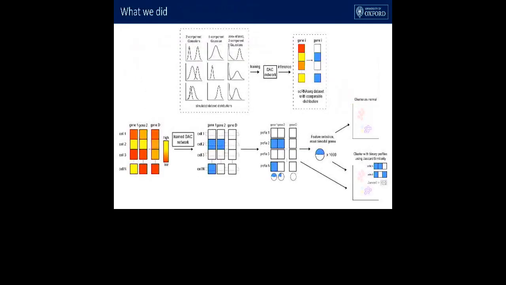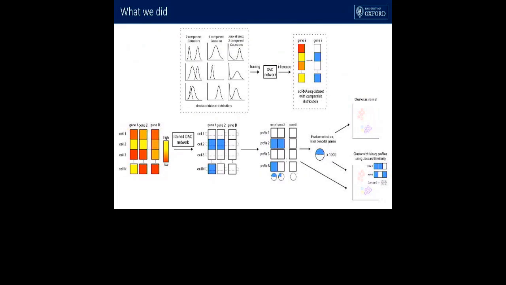So this is a diagrammatic overview of what I talked through. You have these training distributions with one or two components with varying means and variances, and also these peaks at zero that we see in the real data. And then once the network is trained, we use it to binarize each gene independently.